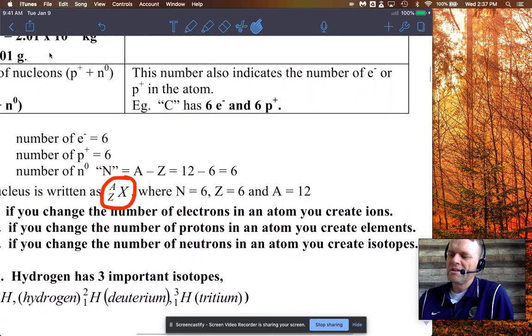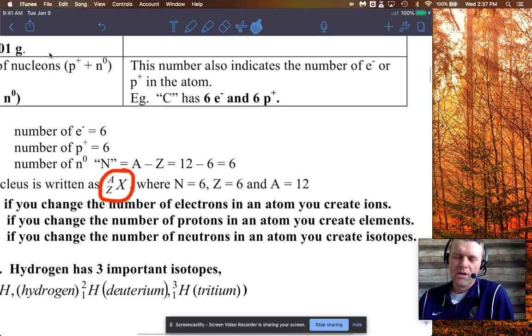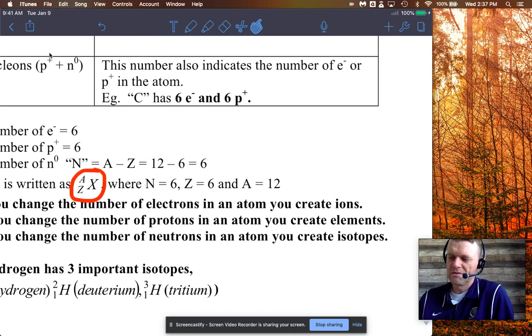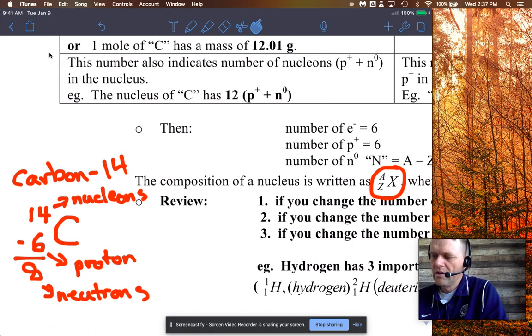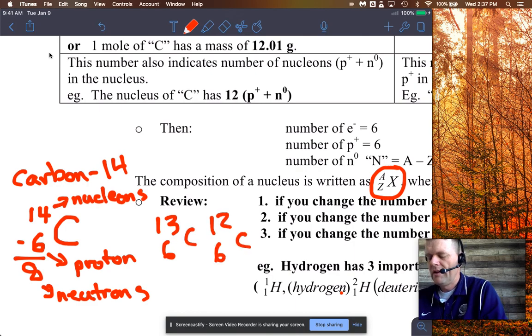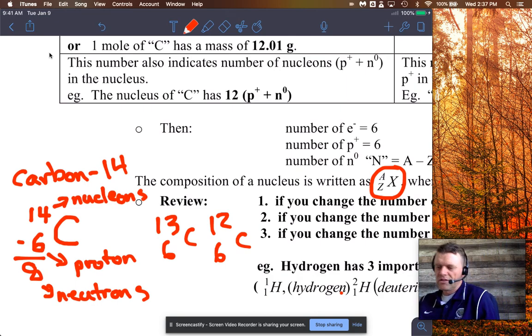And the last one: if you change the number of neutrons in the atom, you create isotopes. And that's actually what carbon 14 is. There's carbon 13 and there's carbon 12. I think there's even carbon 11, which is really rare. But you can see that these are all possible isotopes of carbon.